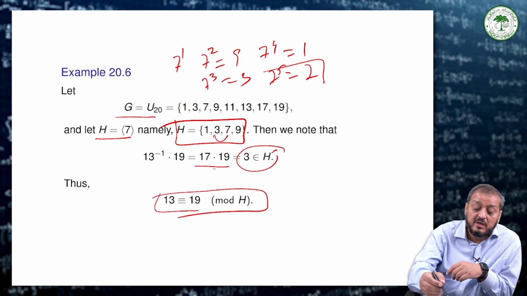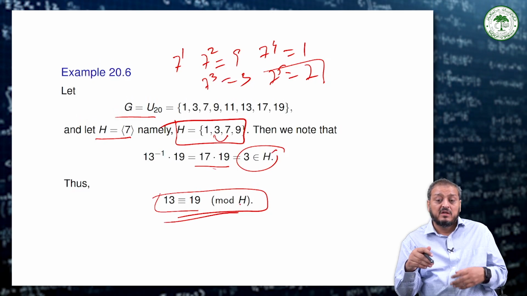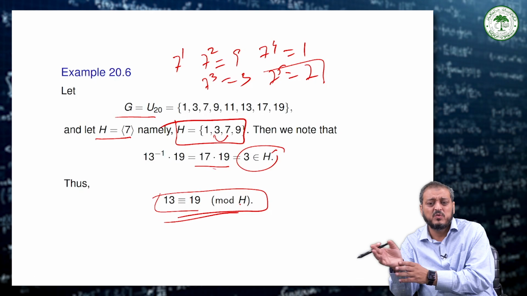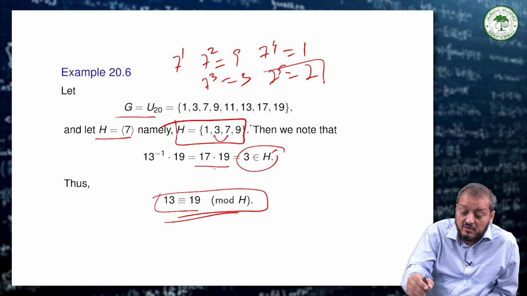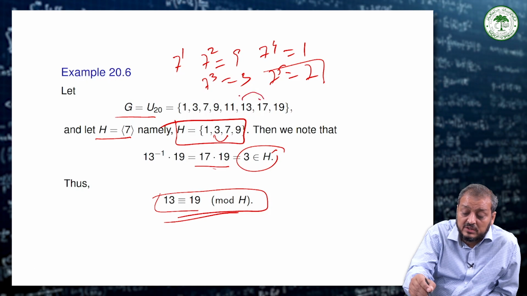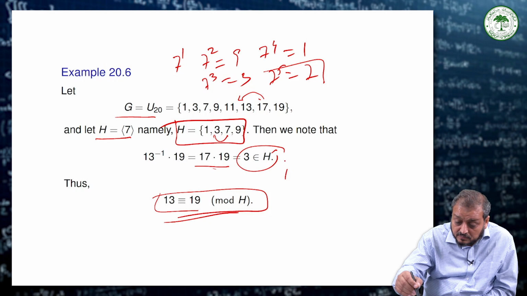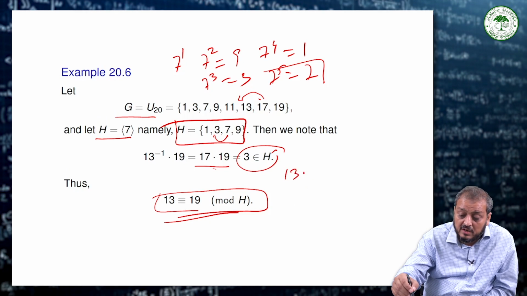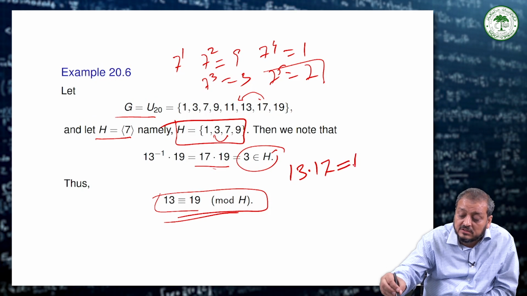So 13 and 19 are congruent to each other mod H. We can simply say that 13 inverse times 19 is 3. The inverse of 13 in this group is 17. You can check that 13 times 17 gives the identity element, which is 1.